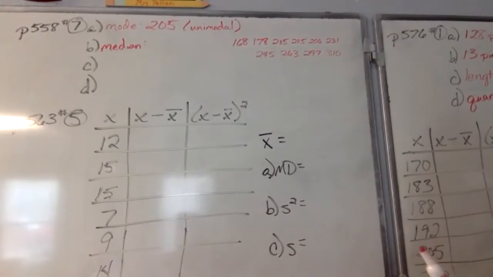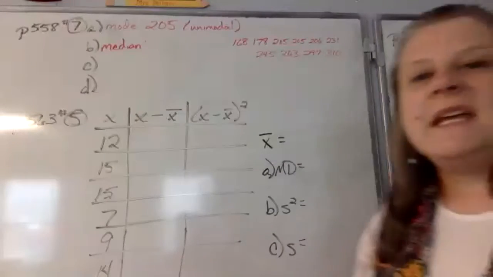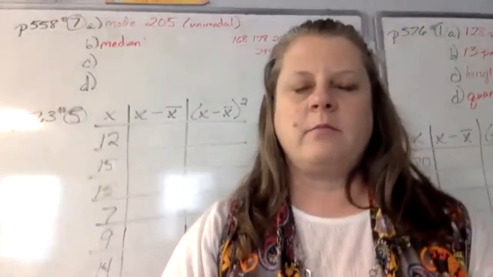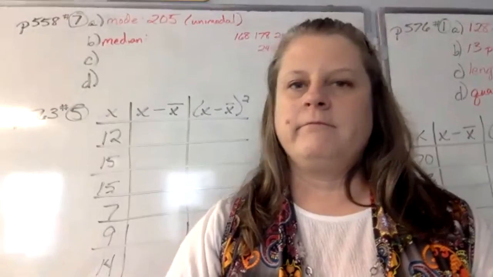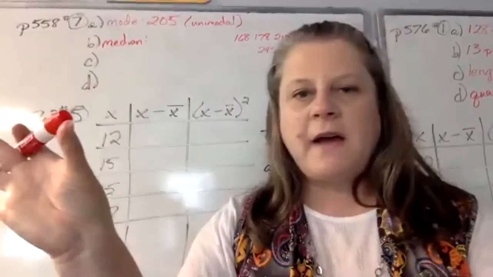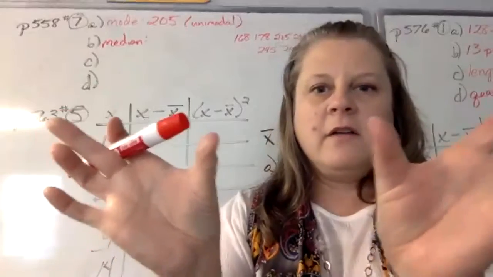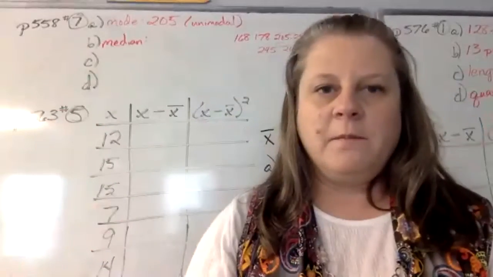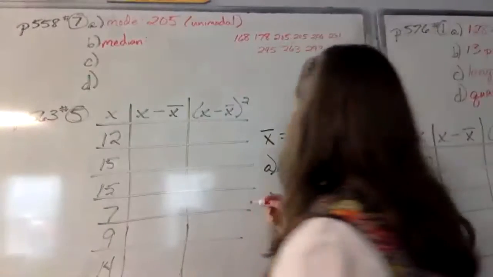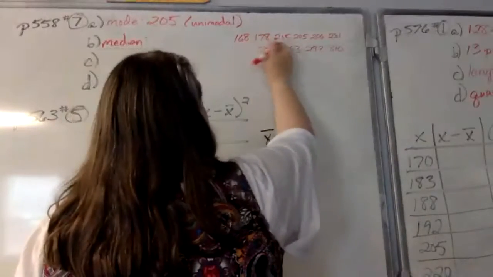Now, when you look at this, there are 10. So do I have one single number that's in the middle of 10 numbers? No. Because there's an even number. If I take the first 5 and the last 5, there's nothing left to be in the middle, okay? So when there's an even number of data, you have to find what that is.